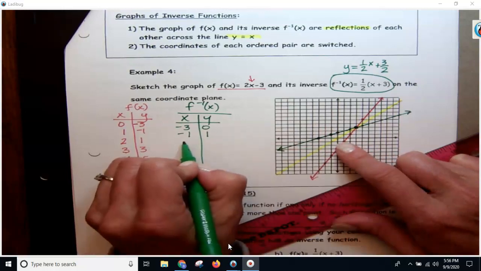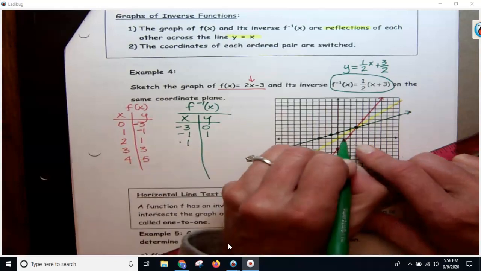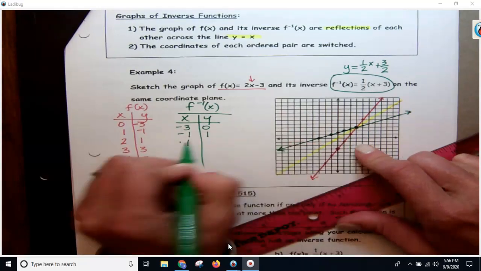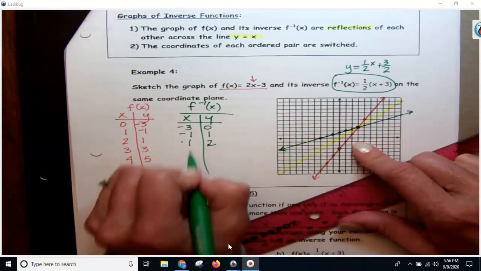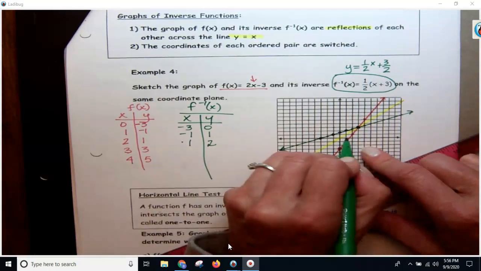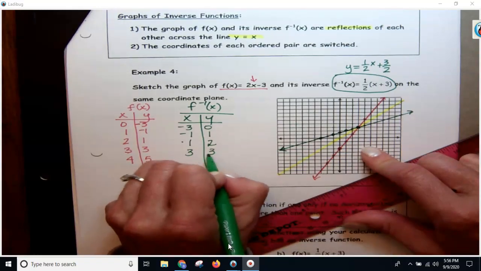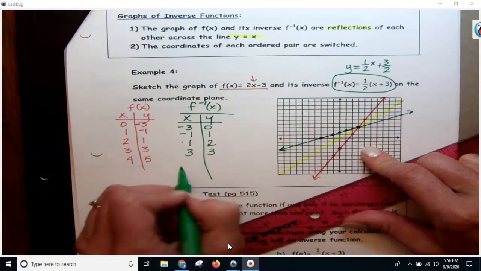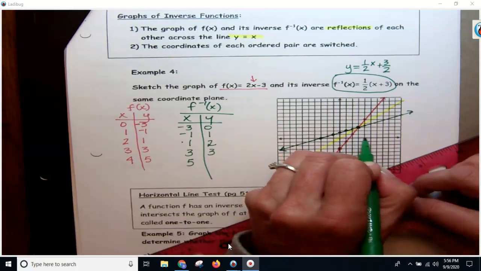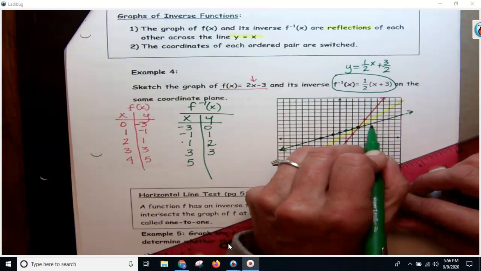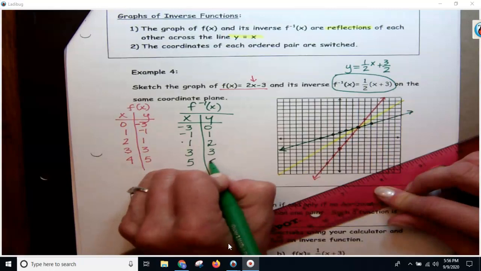When x is 1, y is 2. When x is 3, y is 3. And when x is 5, y is 4.